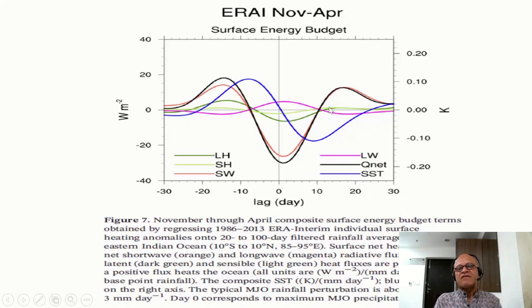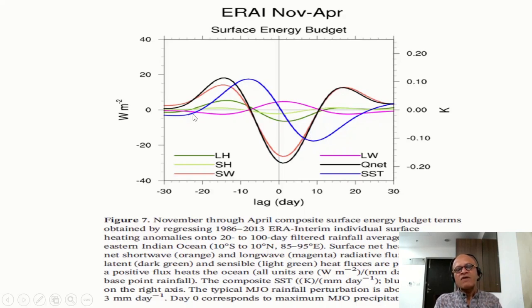The sensible heat flux is kind of low, and shortwave is high before the convection, with clearer skies allowing more sunlight to come in. As convection arrives, rainfall arrives, cloudiness decreases the solar radiation, and then it goes back to being positive.